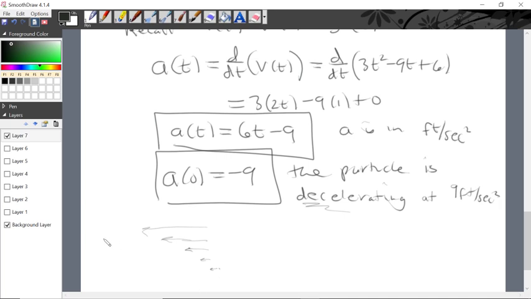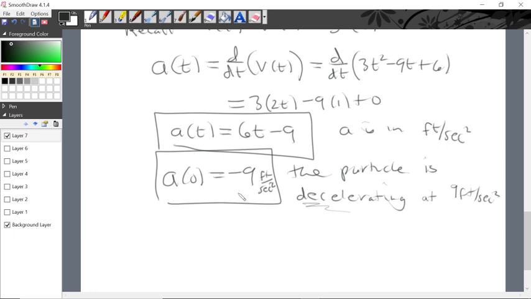So the object's acceleration is opposite in direction of the velocity when you have a deceleration going on. Okay, so a of 0 is equal to negative 9 feet per second squared. An interpretation of that is it is decelerating at 9 feet per second squared, or you could say it's accelerating at negative 9 feet per second squared as well.